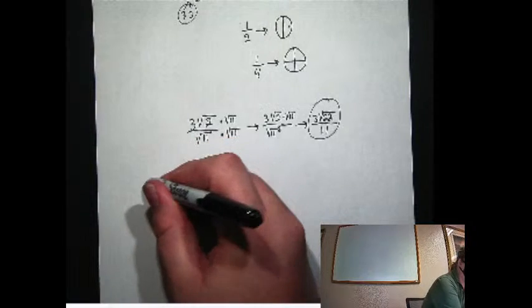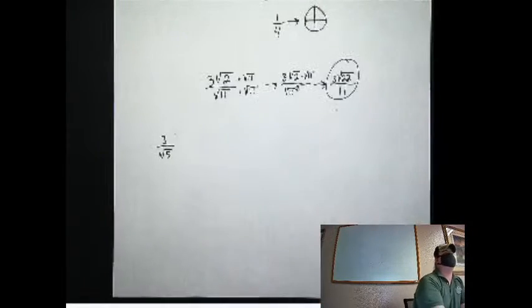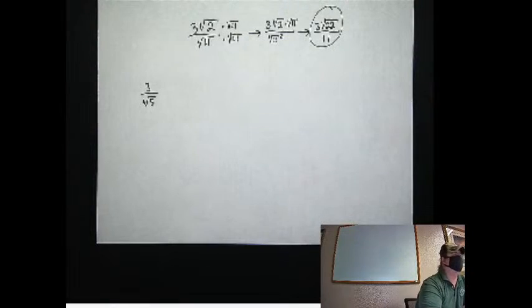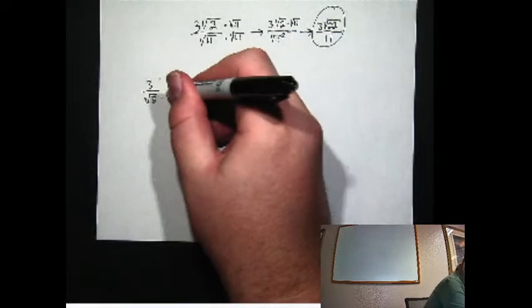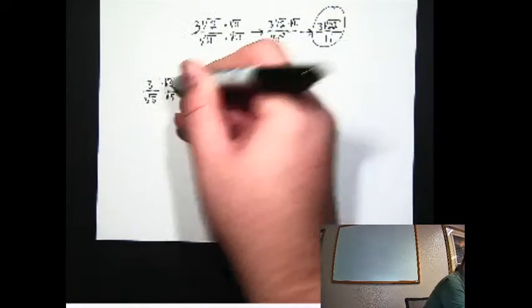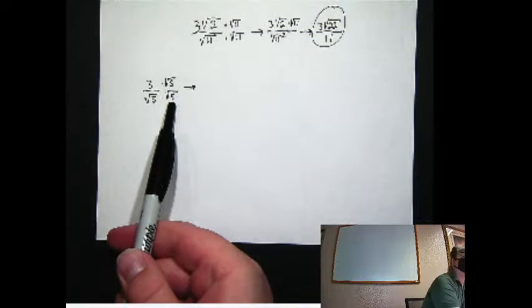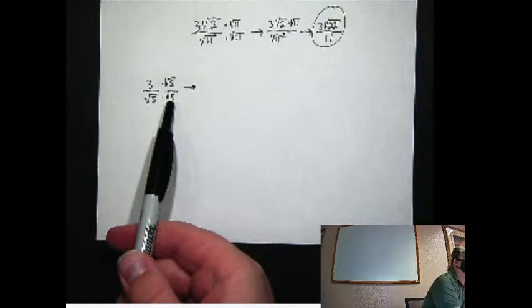Yeah, that's a good one. So let's just practice this real quick. 3 over the square root of 5. Nothing needs to be simplified here. 3 and 5 are already prime. But we need to rationalize the denominator. So what are we going to multiply the top and bottom by? Square root of 5, yeah. So if we multiply square root of 5 by square root of 5, what happens?